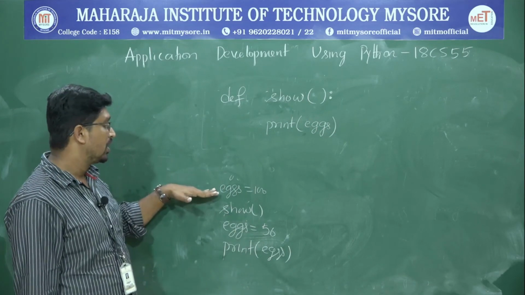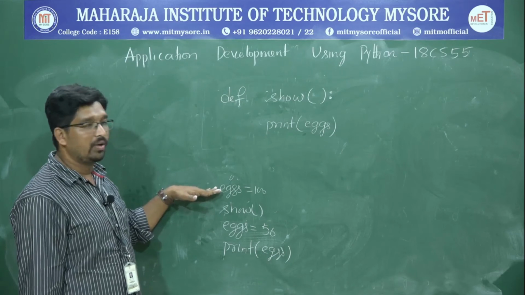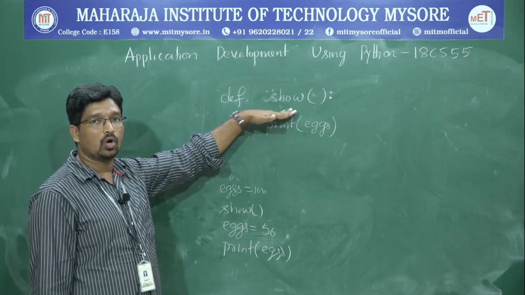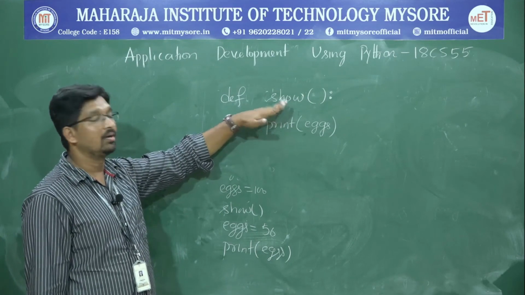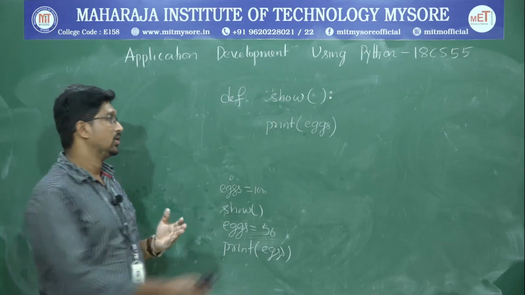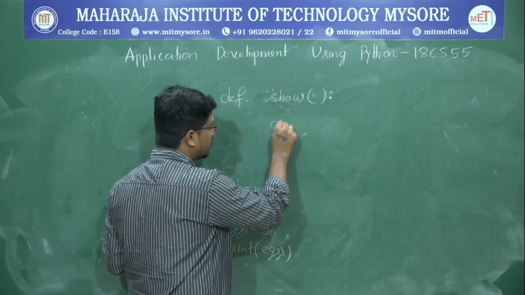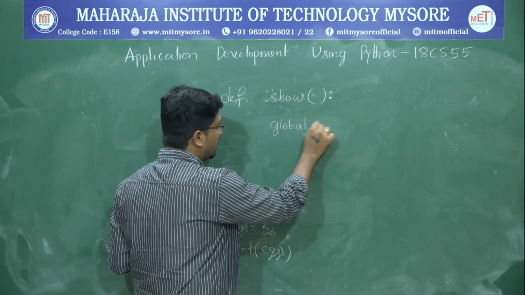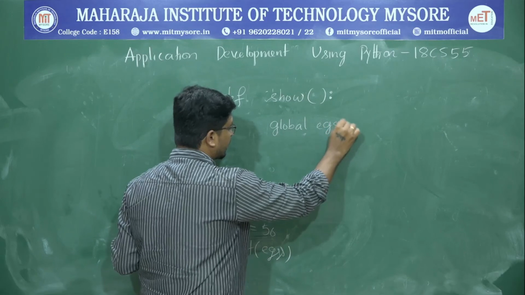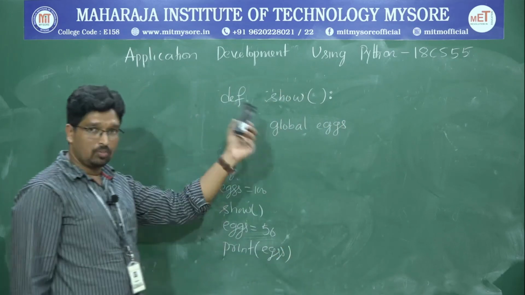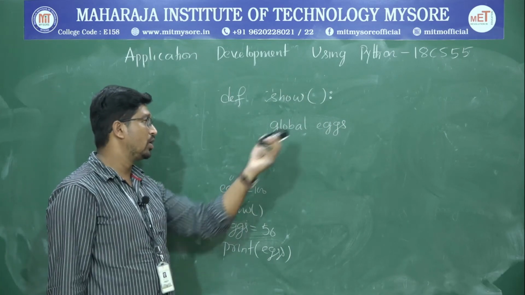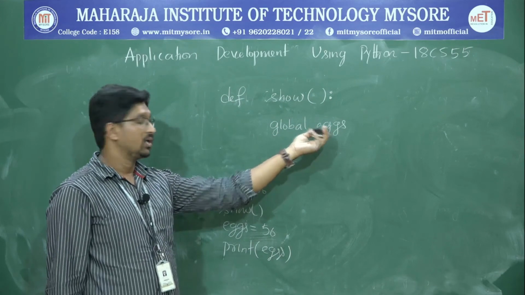Whenever you want to use a global variable inside a local scope, but you want to change the value, then you should use the global keyword. So here simply you should use global x. You should use global x, meaning you are making use of x, which is global.